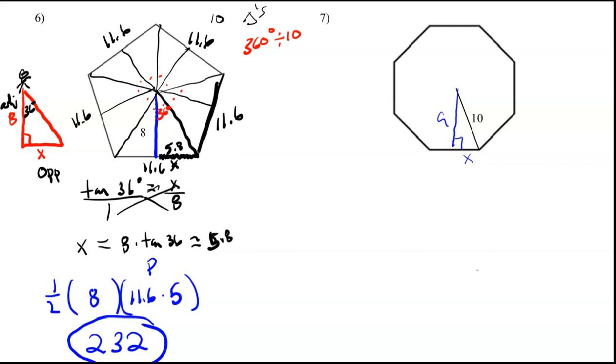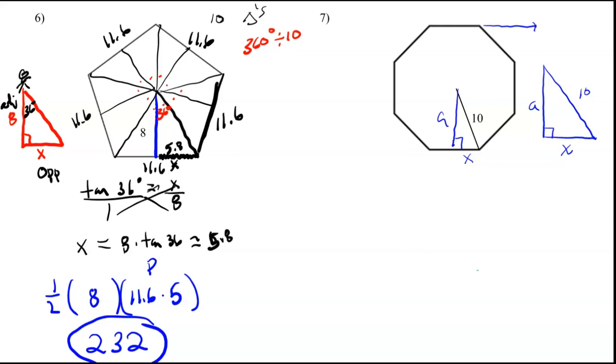Really the only thing I have in that triangle is the hypotenuse. So let me draw this over here off to the side. This is the triangle that we're focusing on. I do know the hypotenuse is 10. This side is X, this side is A, and I need to figure out the degrees. I'm going to try to figure out this outside angle.